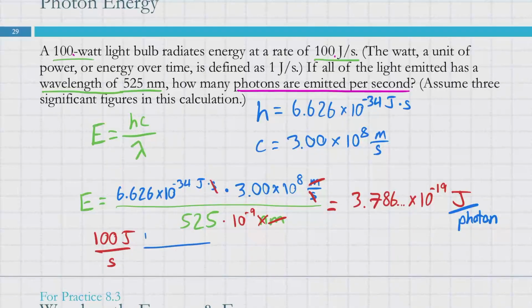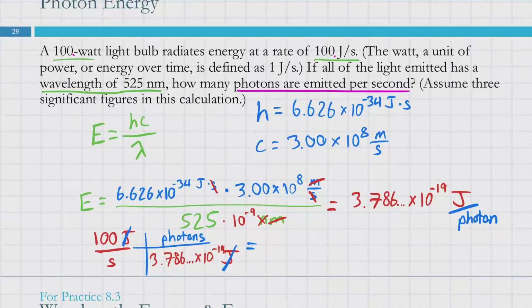And look at what the units do when we do that. So we'll have 3.786 some other numbers times 10 to the minus 19 joules. The photons part flips to the top. Joules cancel. And the units that we're left with are photons per second, which is what we are looking for.